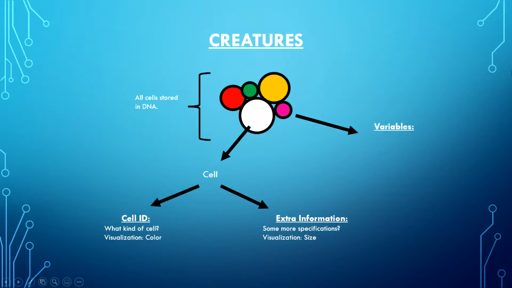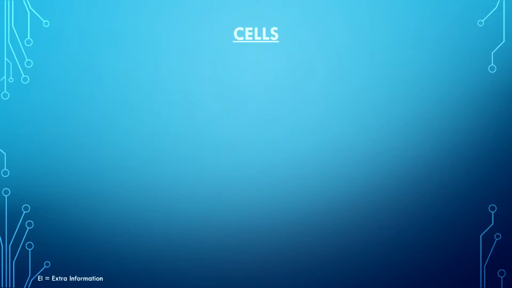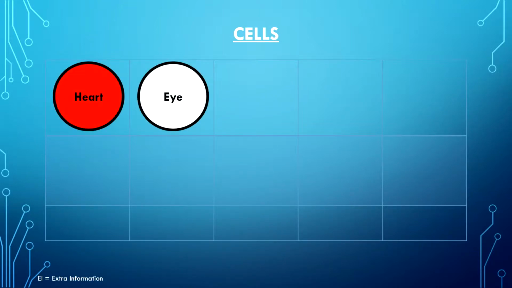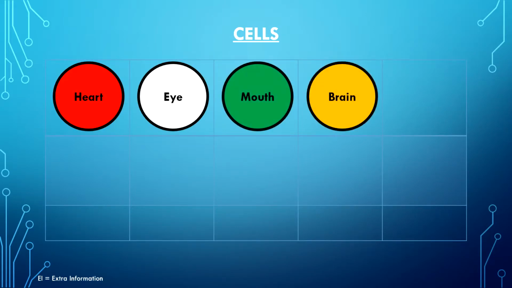Then each creature has a couple of variables: the blood level, the energy level, and the happiness level. Then the cells. We have 5 cells. The first one is a heart, second one eye, third mouth, fourth brain, and fifth reproductive system.